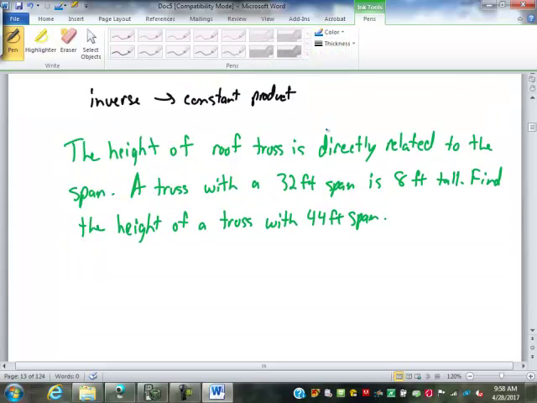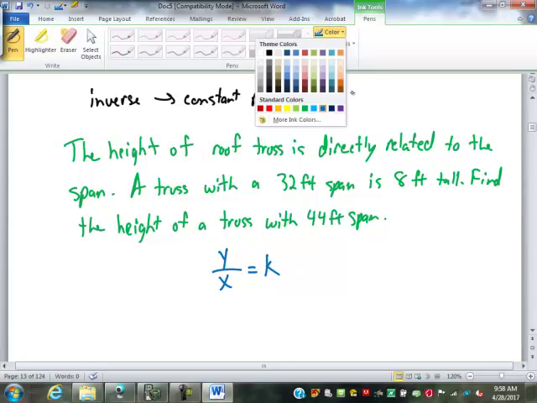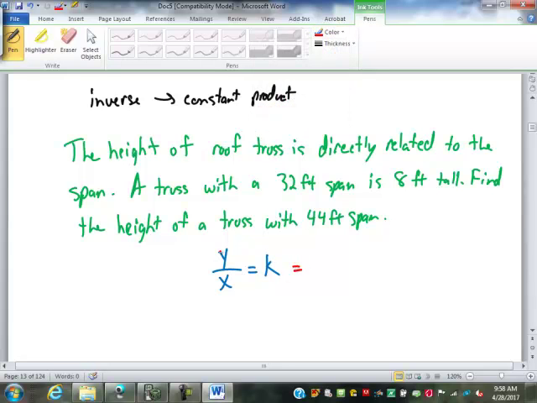So we said it could be a constant ratio. Y over X equals a constant. Well, here we're going to define that to be Y is going to be the height, X is going to be the span. So the height over the span is a constant.